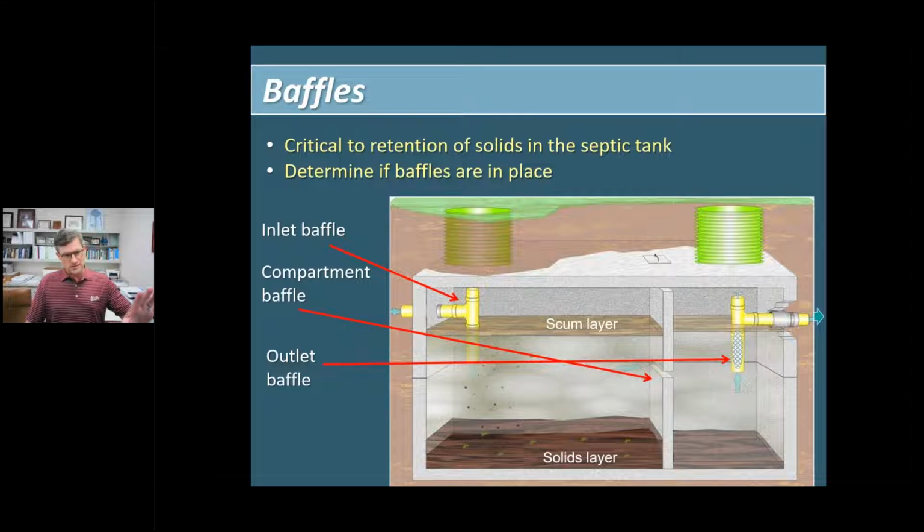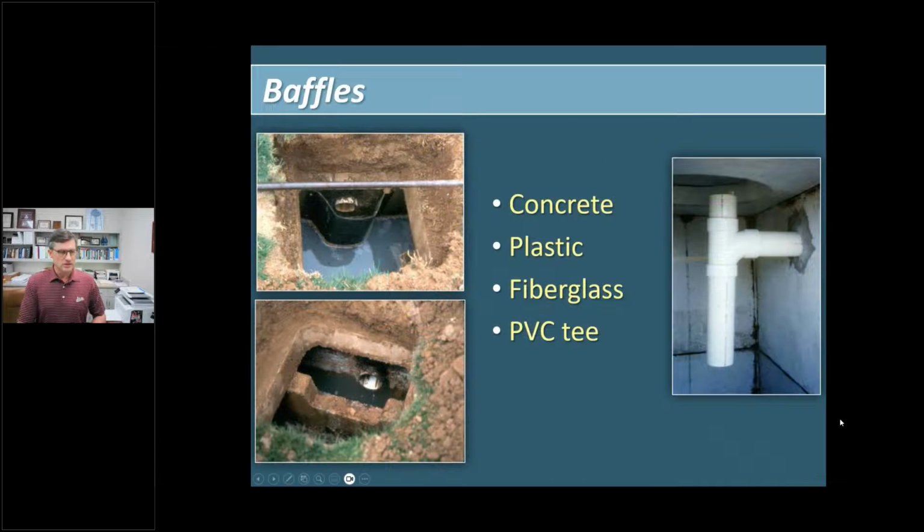So here again, this is just a crafted image. I'm going to move this over so we can actually look at some real pictures of this. So when we think about the baffle down here in the bottom left, just seeing that baffle there, as far as the water flowing over.